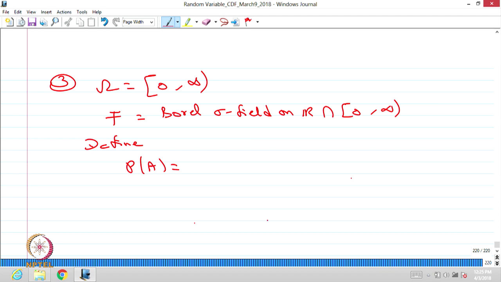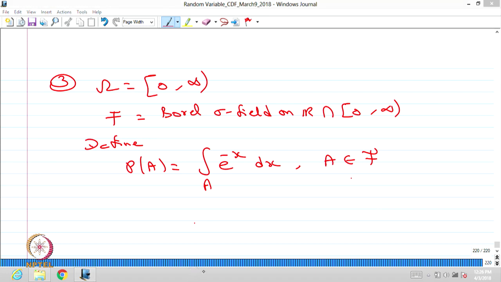The easiest one, that is integration over A of e power minus x dx, where A is belonging to F. The F consists of the empty set, singleton elements, and many intervals between 0 to infinity, which is in the same form as the Borel sigma field on the real line.